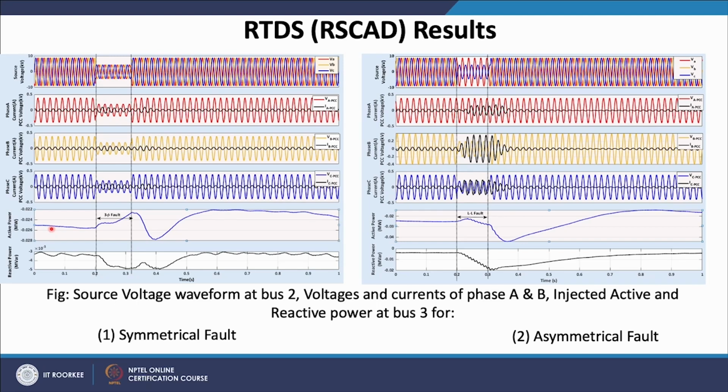This is possible with the gradual increase of current fed to the RTDS. The behavior of the DFIG system is analyzed during symmetrical fault case 1 and asymmetrical fault case 2 in the distribution network.